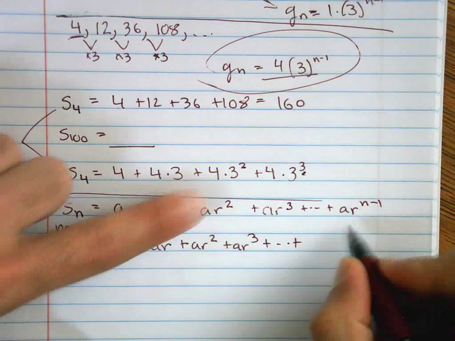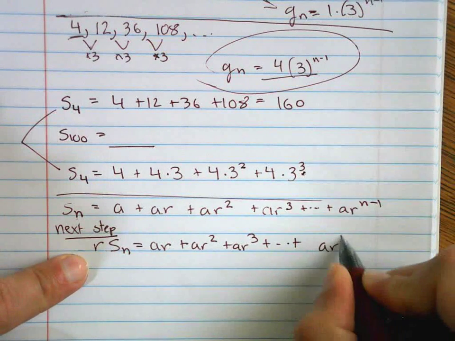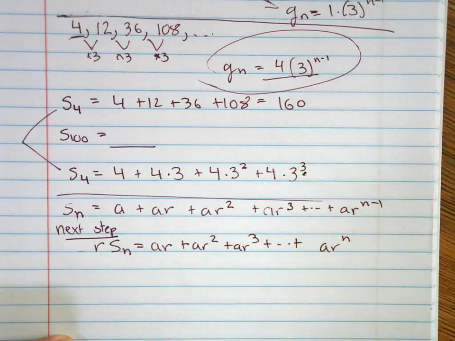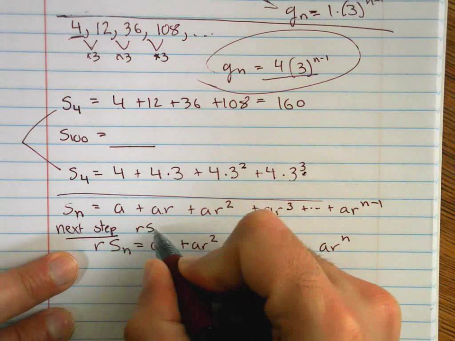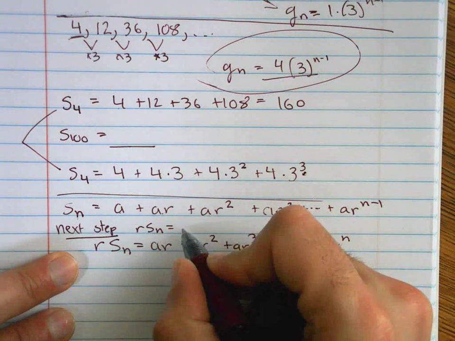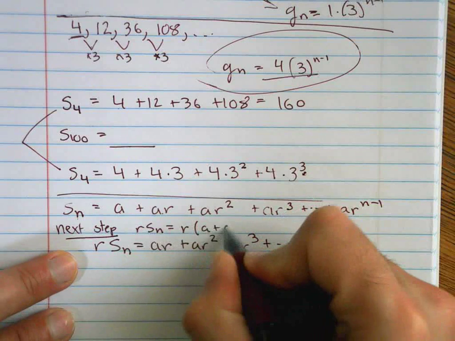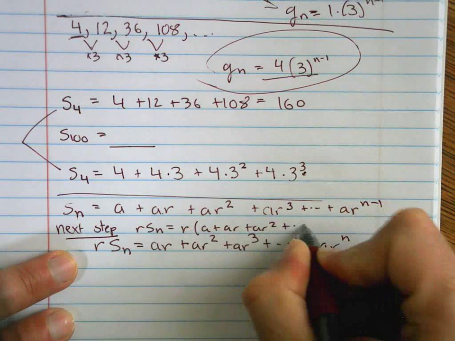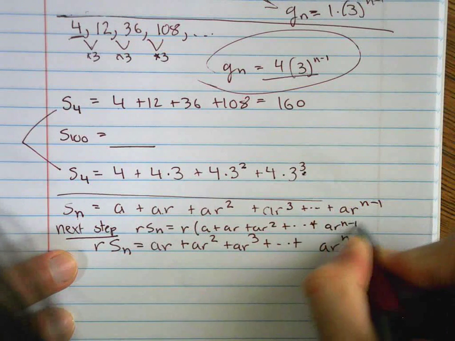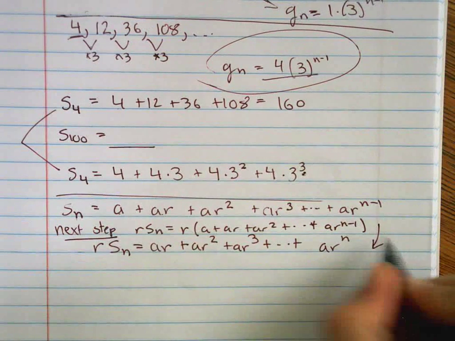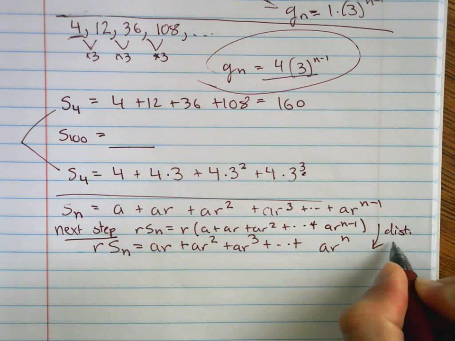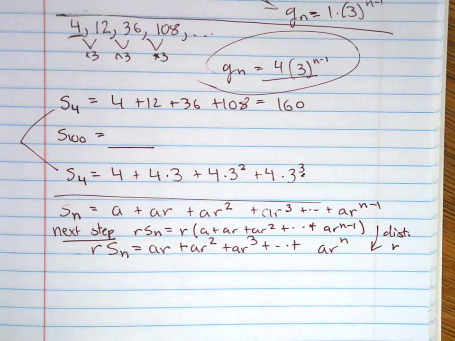So what happened in between? Well, I multiplied r times S sub n, and I multiplied r times a plus ar squared. And what I did from here to here is I distributed the r. Watch that as many times as you need to understand it.